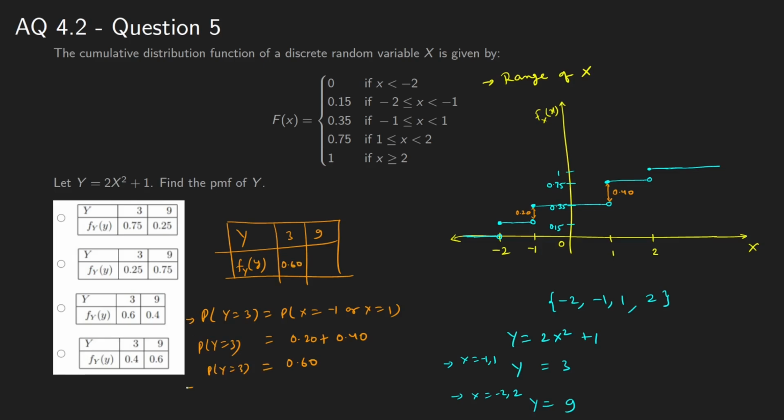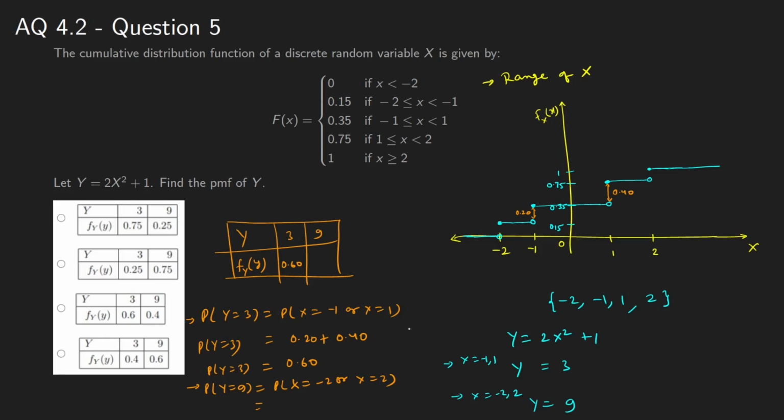Then for calculating the probability that y will take value 9, similarly, it will correspond to x taking value -2 or x taking value +2. So at -2, we have to see how much is the jump, and then at +2 also, and we will add both of these probabilities.